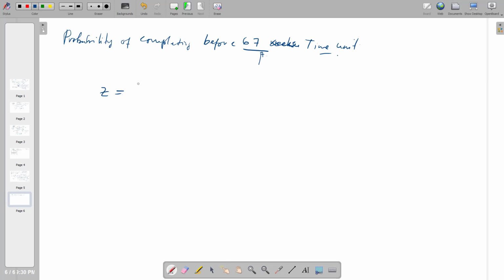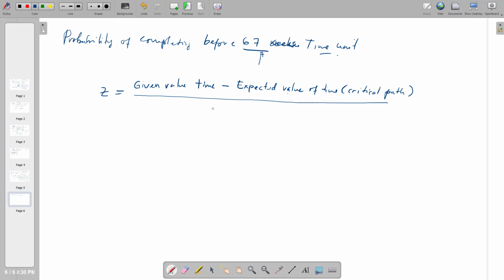which is, you have to calculate the value of the z. For this one, it is the given value of the time, which is 67, minus the expected value of time, this is from the critical path, divided by the standard deviation for the critical path.